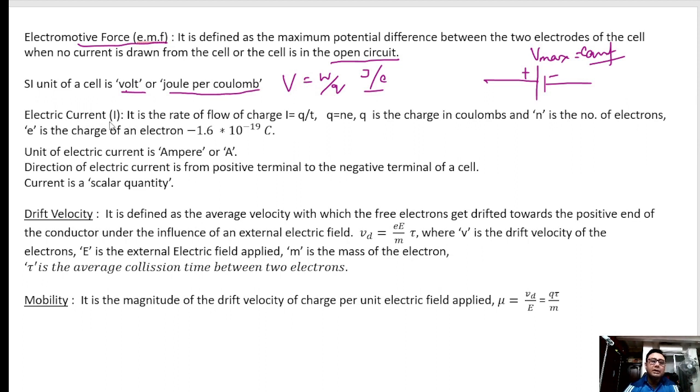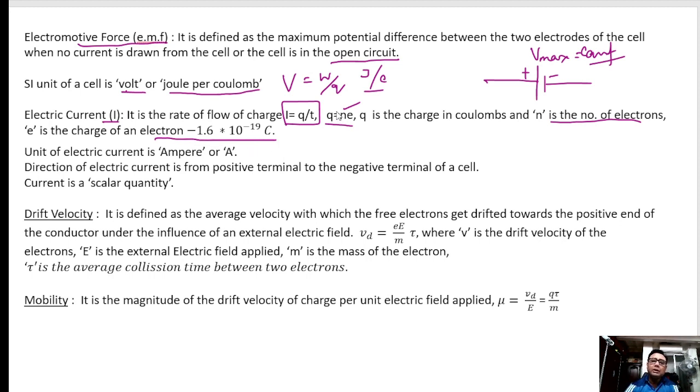Next is electric current, I, the rate of flow of charge. So I equals Q by T. Q is the charge in coulombs, and Q equals N into E, where N is the number of electrons and E is the charge of an electron, whose value is minus 1.6 times 10 to the power minus 19 coulombs.